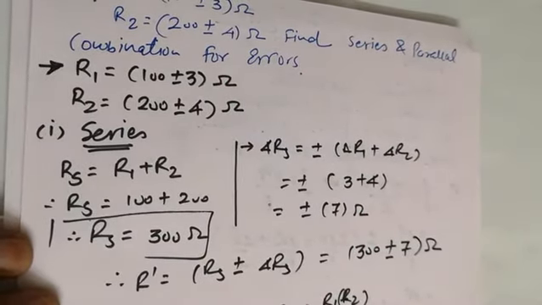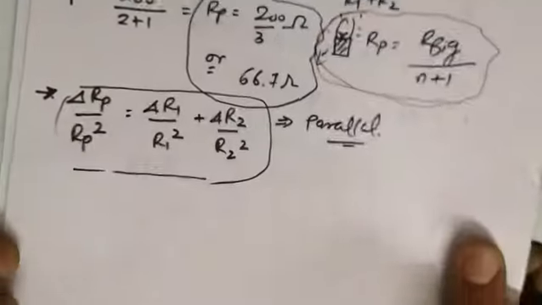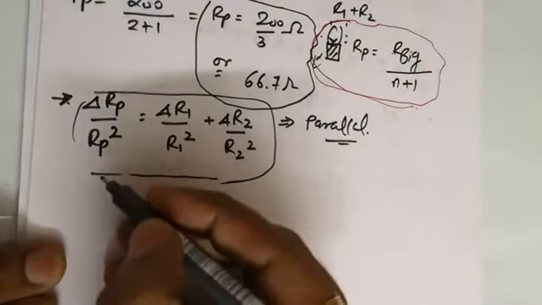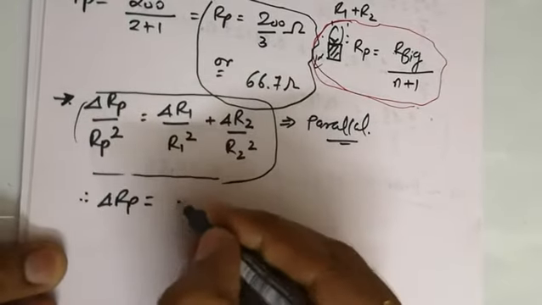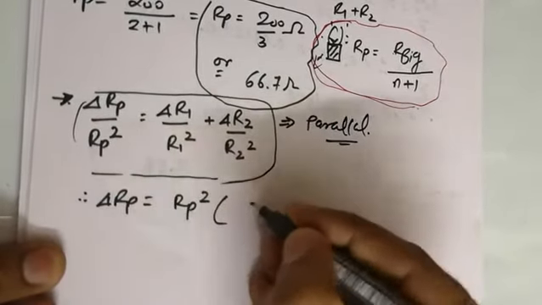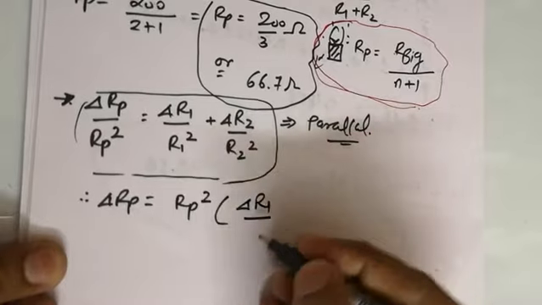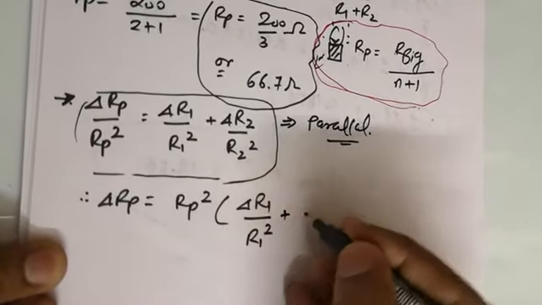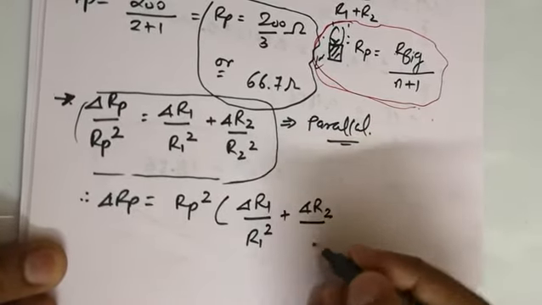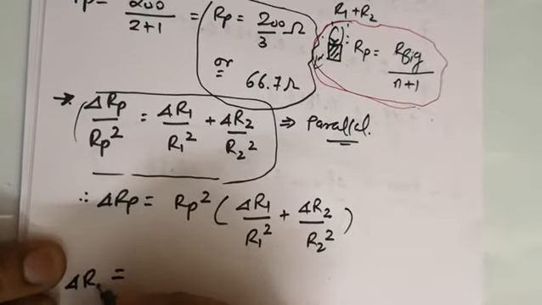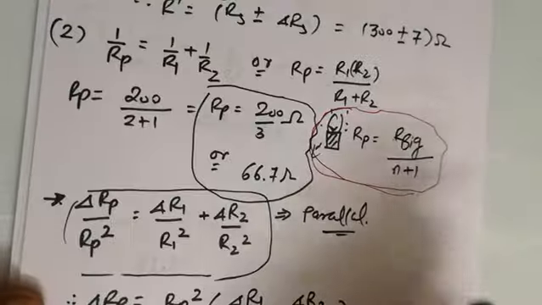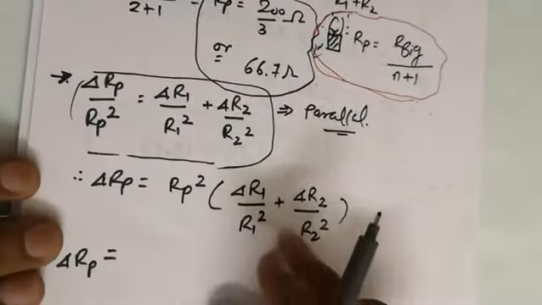Be careful, the denominator contains the square, that is why this example is very important. Delta Rp is equal to Rp squared times delta R1 divided by R1 squared plus delta R2 divided by R2 squared. I am putting delta Rp as 66.7 squared.